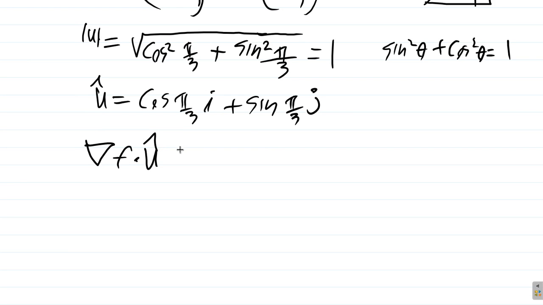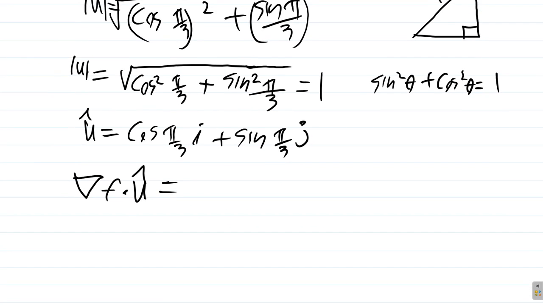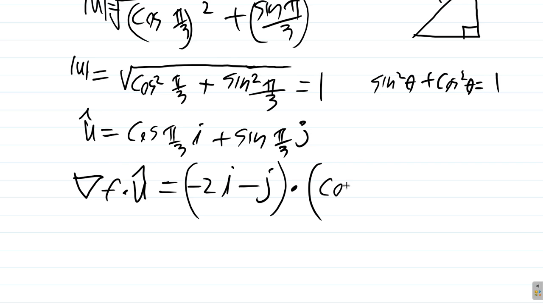So that will be negative 2i minus j dot cos(π/3) i plus sin(π/3) j.